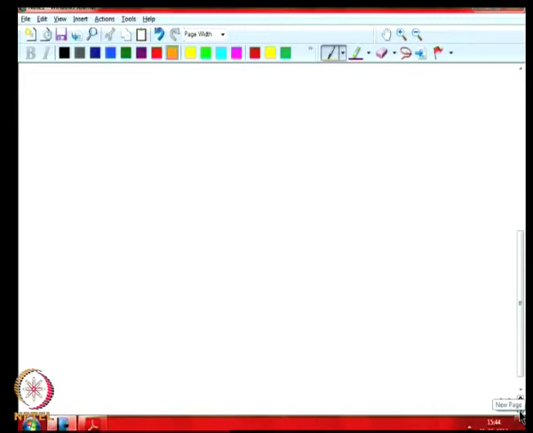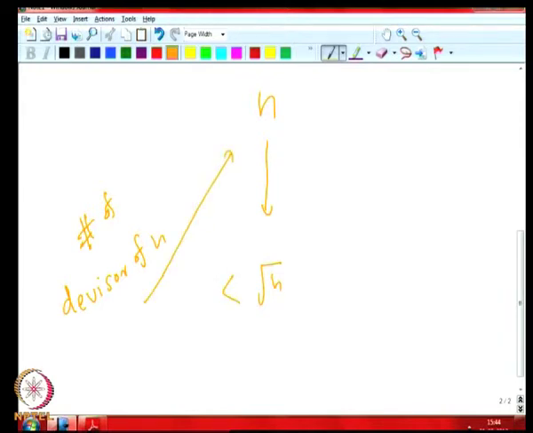Of course, for small numbers this seems obvious, but is it true for any number n? Given any number n, the number of divisors of n strictly below root n, is it equal to the number of divisors of n strictly above root n?